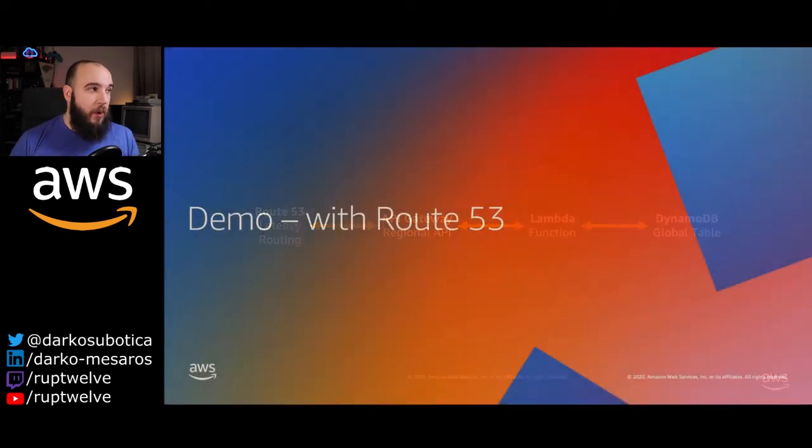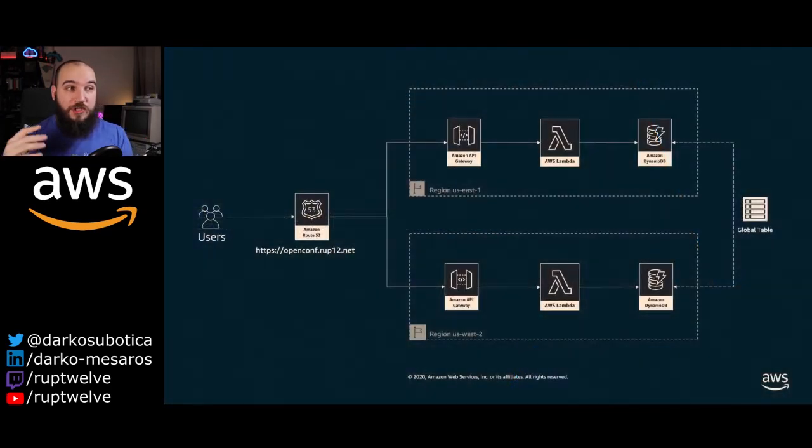Multiple regions. I am actually going to use 3 regions in this case because it's serverless, it's relatively cheap. Have a global table, API gateways, and have a single URL that I'm going to be using, openconf.rup12.net, where you can access it, and depending on where you are, you're going to be pointed to a specific region.